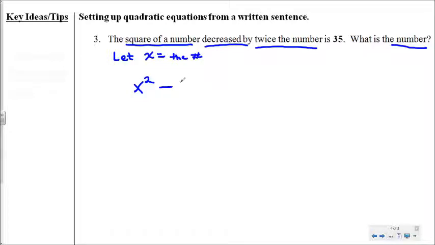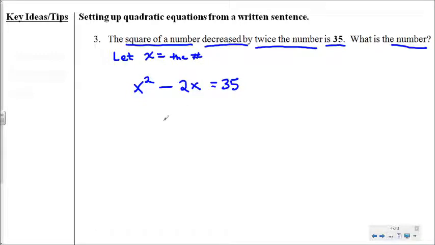So I'm subtracting twice the number, which again I represented by the variable x. And when I do that operation, the result is 35. Now, is a key word in math for equals. It's equivalent to 35. So now I've created an equation based on this sentence.